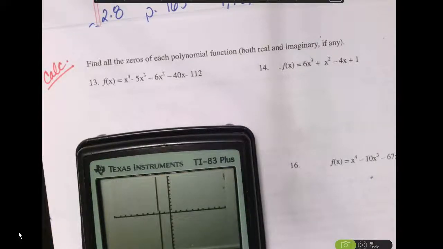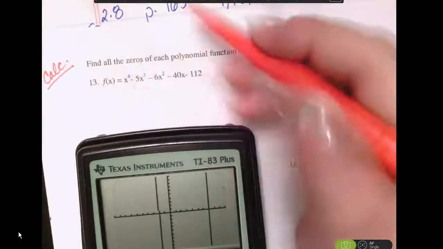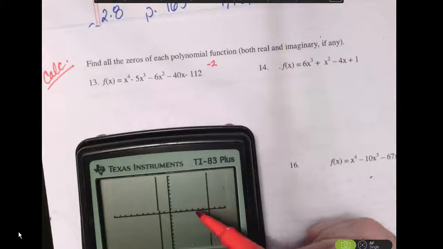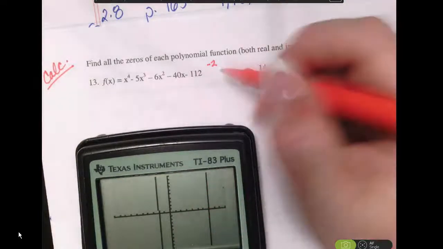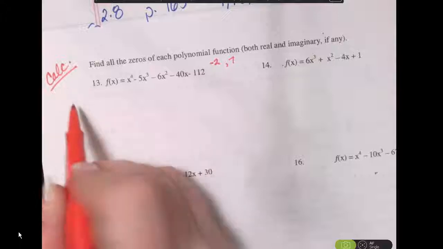And let's see if it crosses somewhere. Okay, so I have two potential places that it crossed at -2, and then this is positive 7. So those are the numbers I'm going to synthetically divide first.